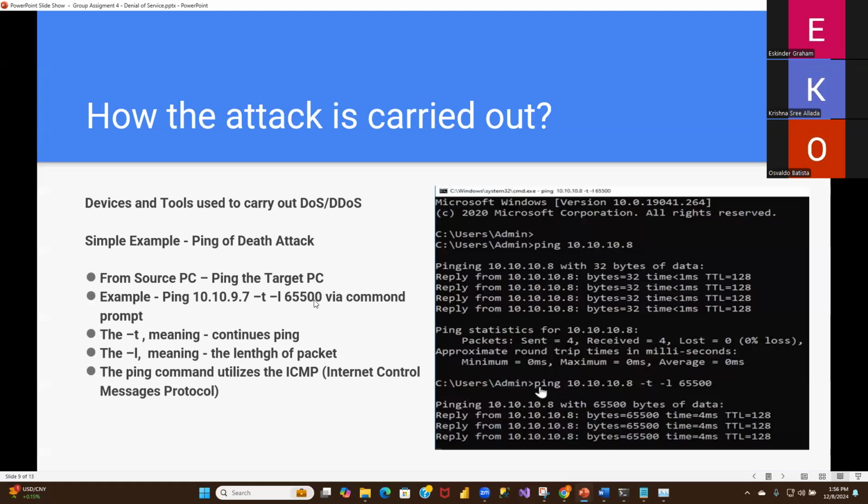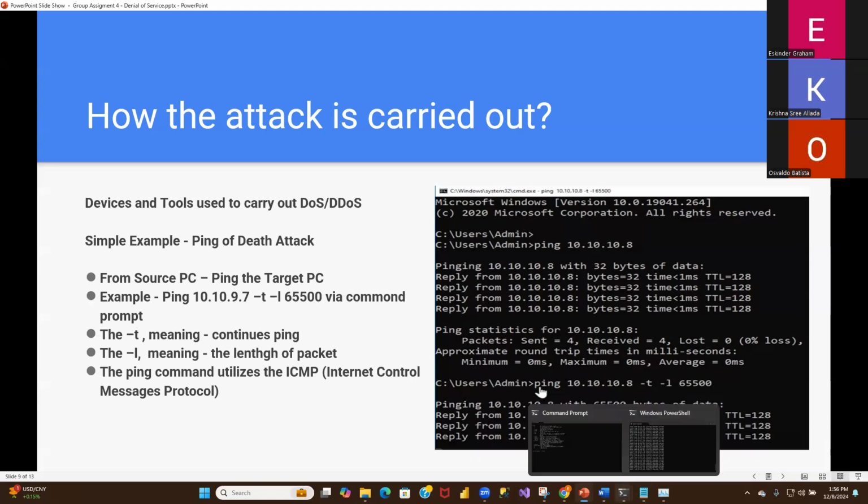By doing that, you ping continuously and also apply a large amount of packets. This kind of command uses ICMP, the Internet Control Message Protocol. I'll do the demo.